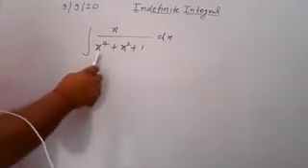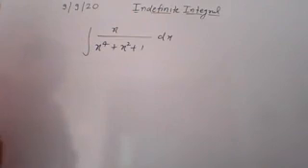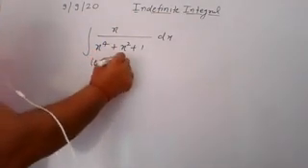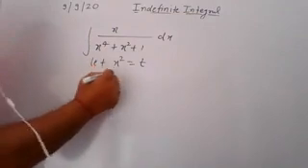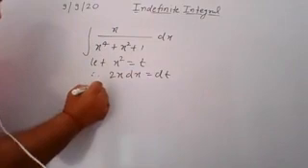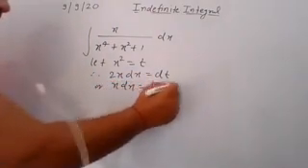Here you have terms of x square, but you have a biquadratic expression. So what do you do in that case? Here you substitute, let x square equal to t. Differentiate it, so you have 2x dx equal to dt, or x dx equal to 1 upon 2 dt.